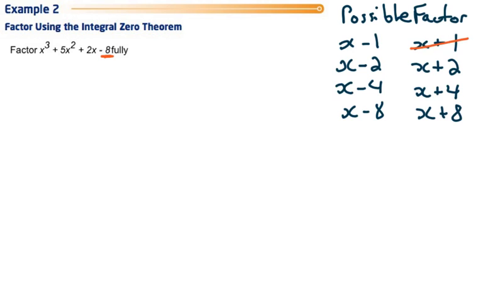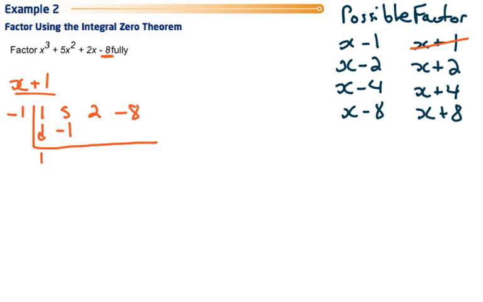So let's go with x plus 1. Meaning outside my L, I need a minus 1. Inside, 1, 5, 2, and minus 8. 1 comes down. Multiply, we get negative 1.